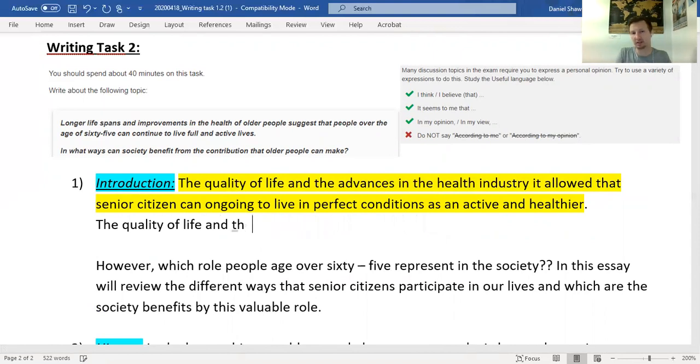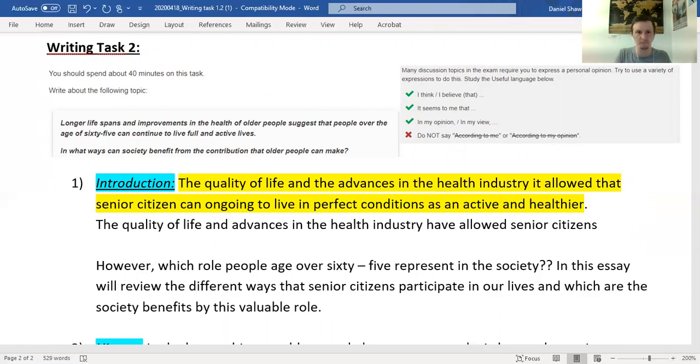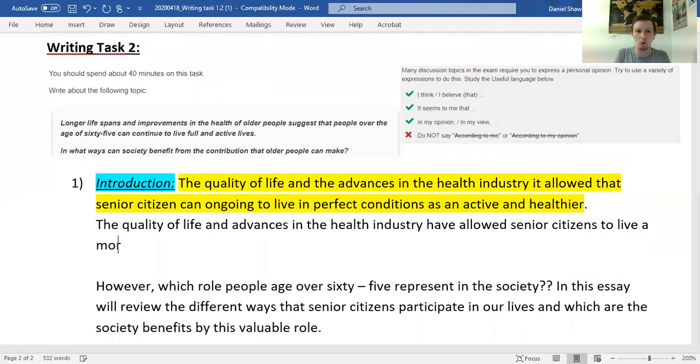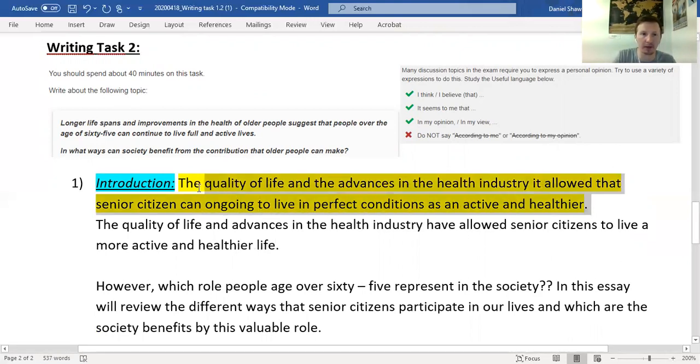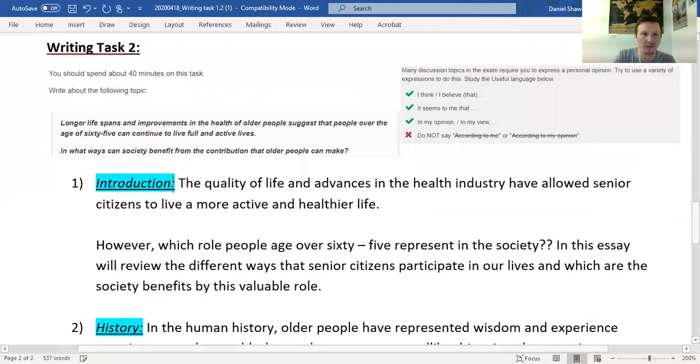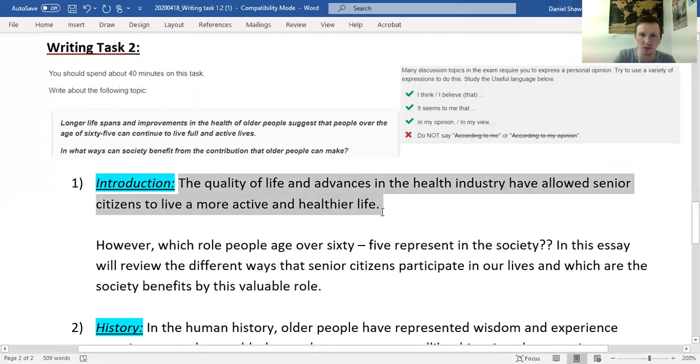The quality of life and advances in the health industry have allowed senior citizens, all of them, to live a more active and healthier life. So it's the same idea, it's the same kind of vocabulary, we're just making it a little clearer and a little easier to follow. So I'll put this in yellow just to show that I have changed it.